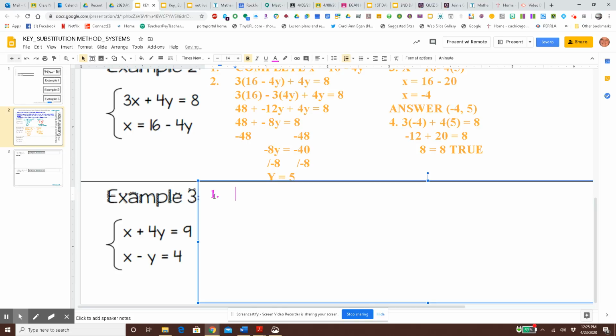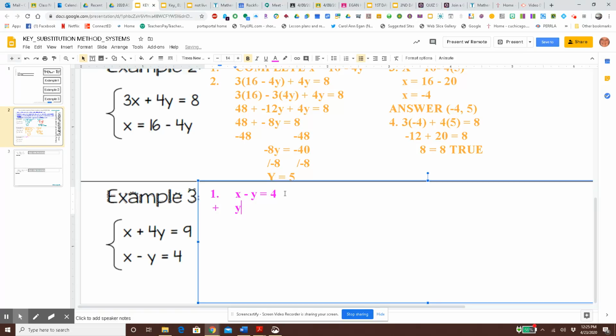We're going to use x minus y equals 4. And I have to isolate that x, so I'm going to add a y.